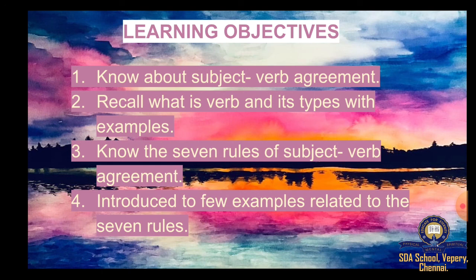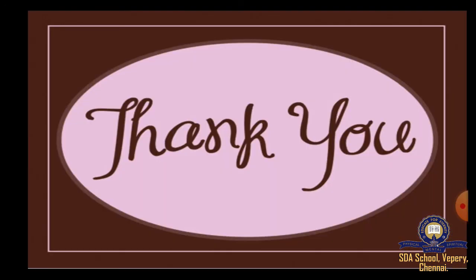We have recalled what a verb is and its types with examples. We have learned the 7 rules, and we also have seen a few examples related to the 7 rules. So I hope all of you have understood the subject verb agreement rules clearly.